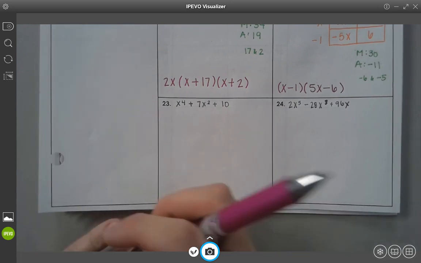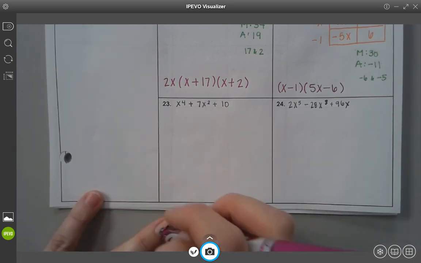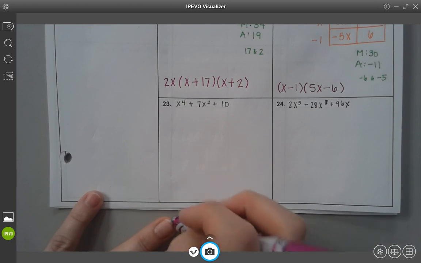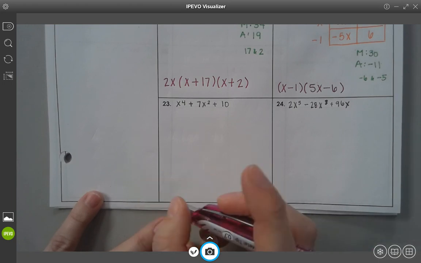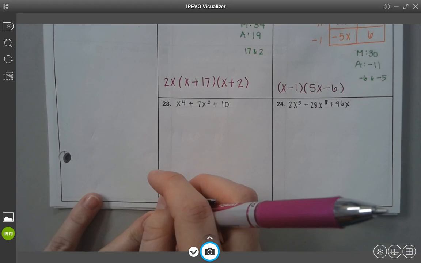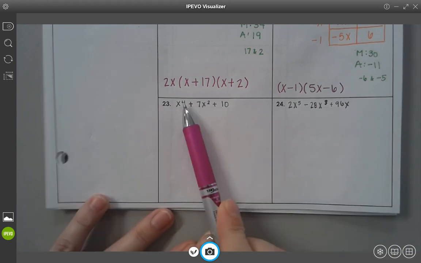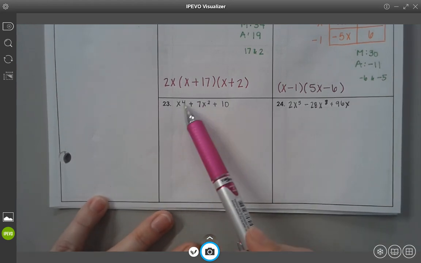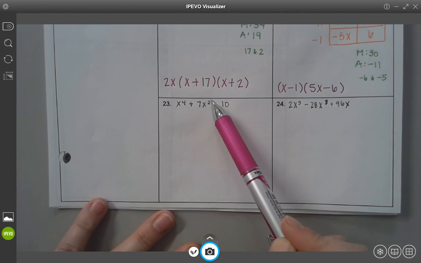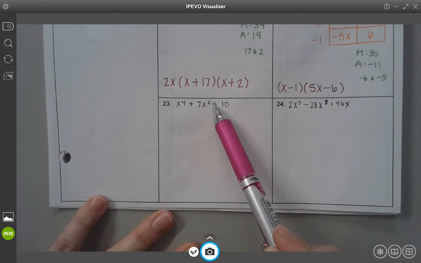So what else is different? Yes, the exponents are different. This one is to the 4th power and then to the 2nd power.